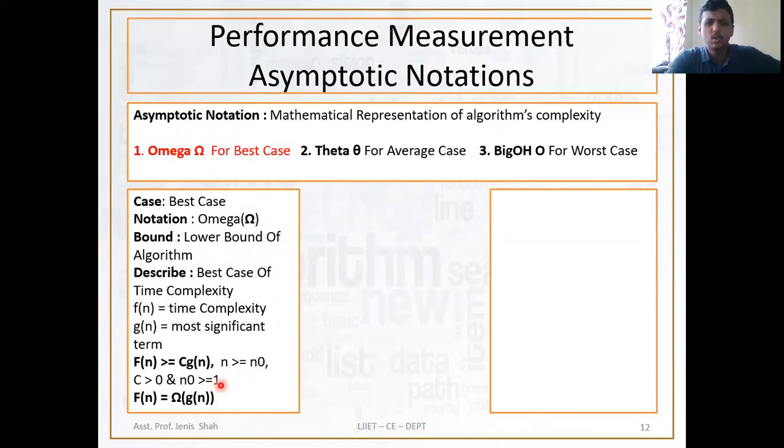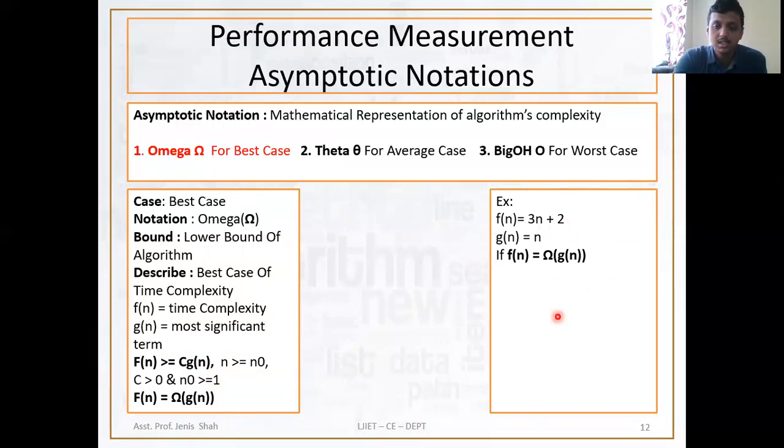So what is c, and what is n0? I will explain with one example. Take f of n equal to 3n plus 2 and g of n equal to n. If I want to do asymptotic notation performance measurement for the best case, the function should be f of n equal to omega of g of n.